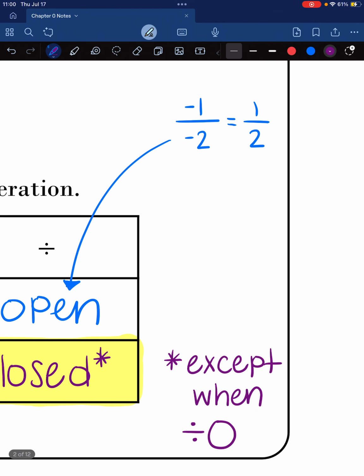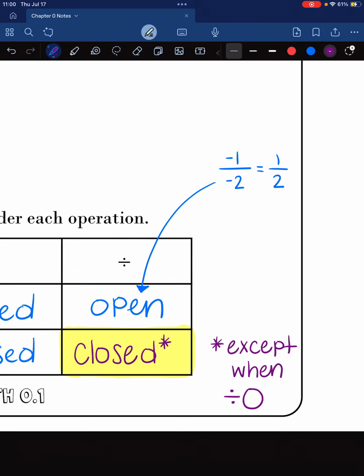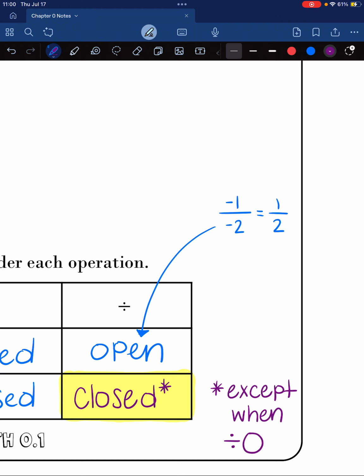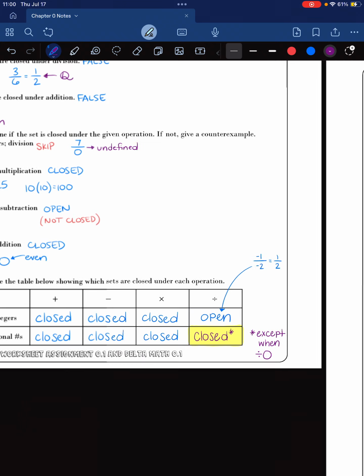Knowing that, yes, there is this special case where when I divide by 0, we just don't even get an answer. Which again, some mathematicians say, well, since I can't divide a rational number by 0, which is a rational number, then it's not closed.